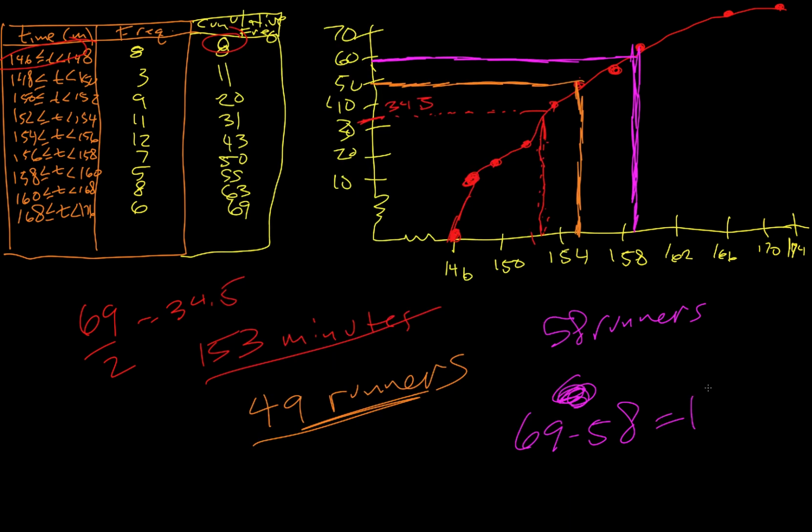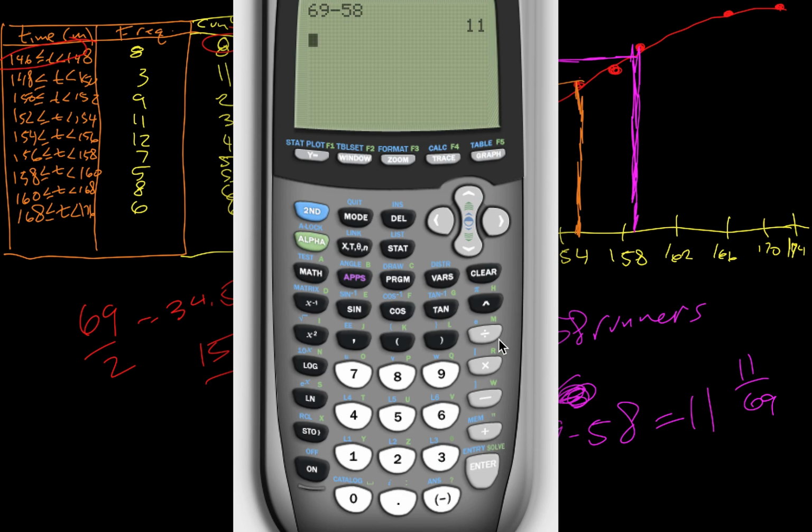And then we want to know the percentage of that, so we're going to say 11 over the total, which is 69. And so that's about 16% if we round that to the nearest percentage. Actually, let's round it to 3 significant figures, so we'll do 15.9.